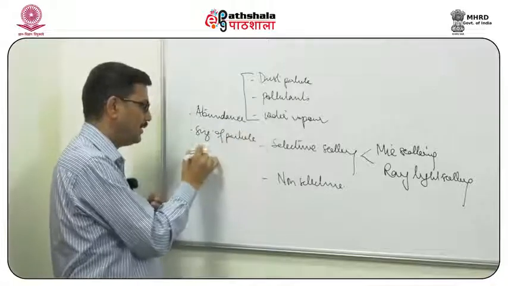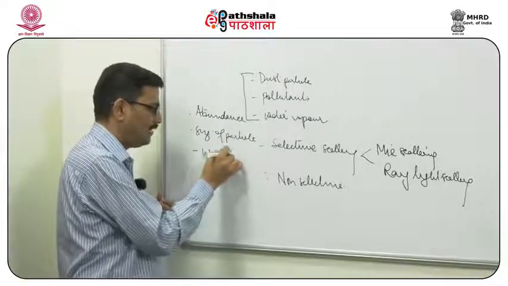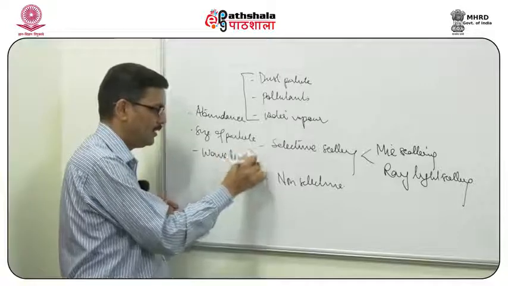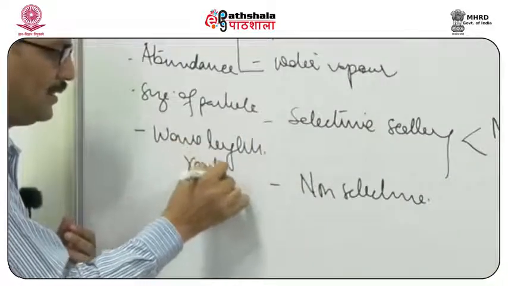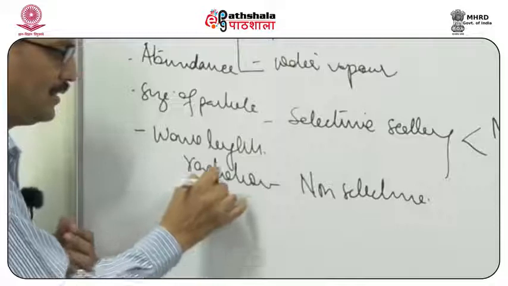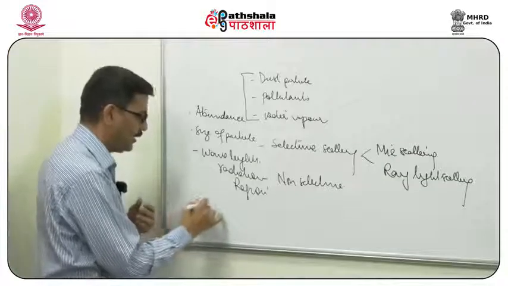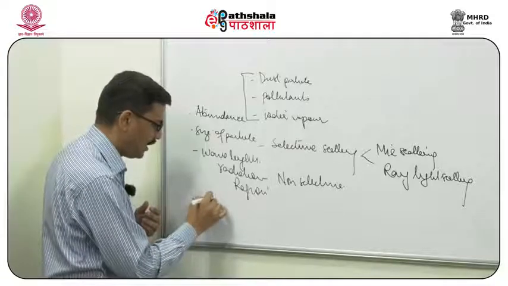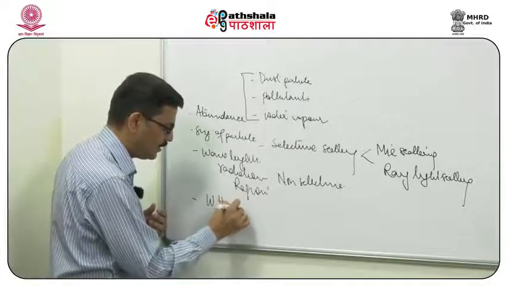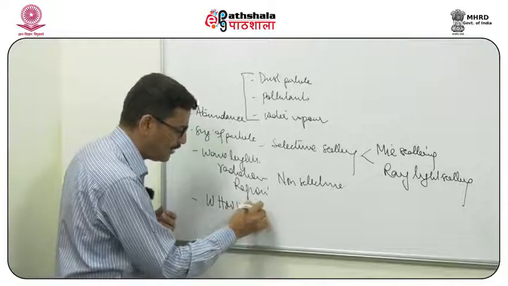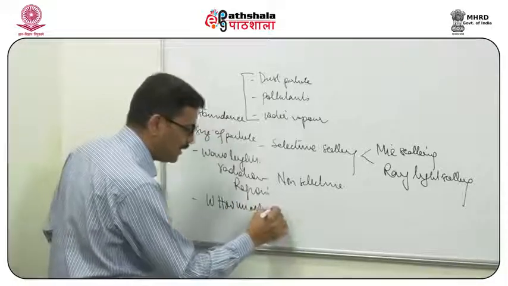And the third is the wavelength of radiation and the wavelength region. And the fourth is how much area is covered with these particles, that is the depth of the particles.